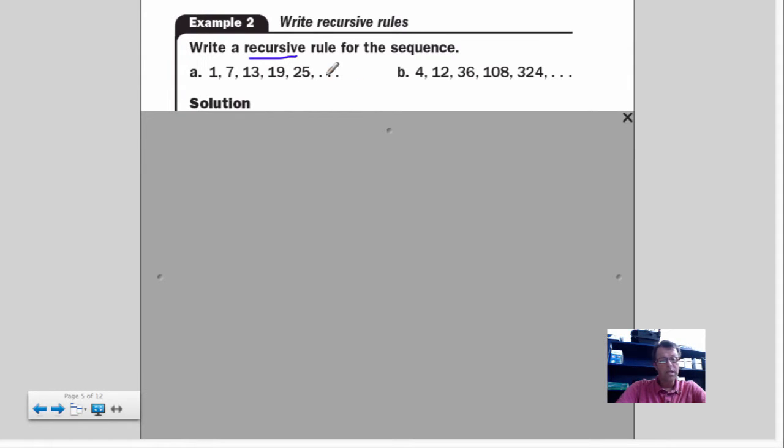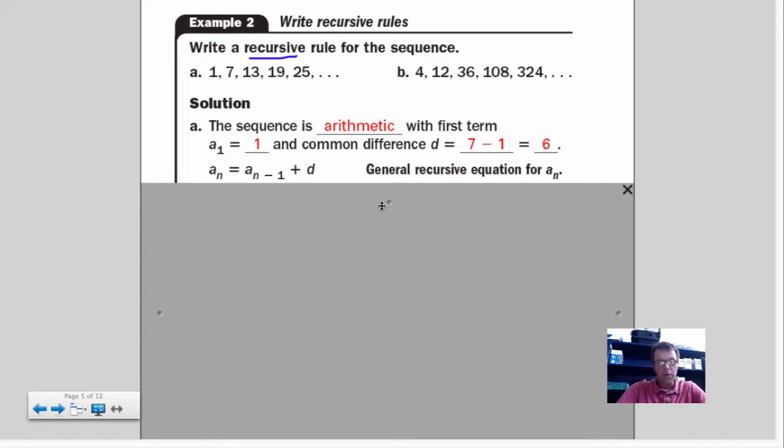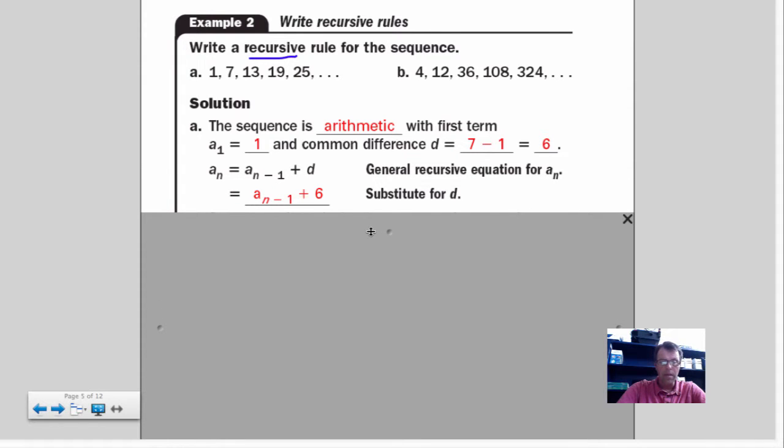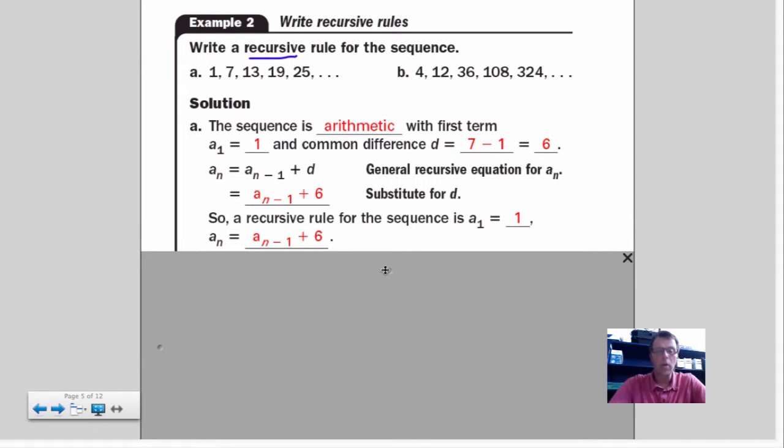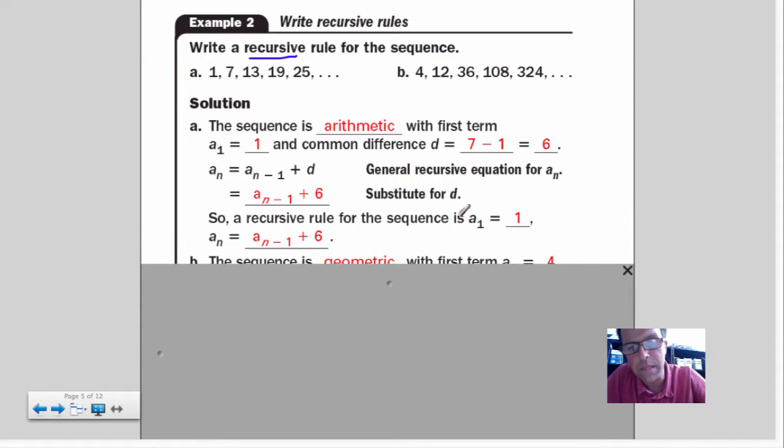So the first sequence, hopefully you recognize this, we are adding a constant, and this one looks like we're multiplying by a constant. So the first one is indeed arithmetic. The difference is 6. So when we write the rule, we'd say take the previous term, and again, n minus 1 means the previous term, add 6. And you have to provide the starting term. I don't like that the book splits this up.